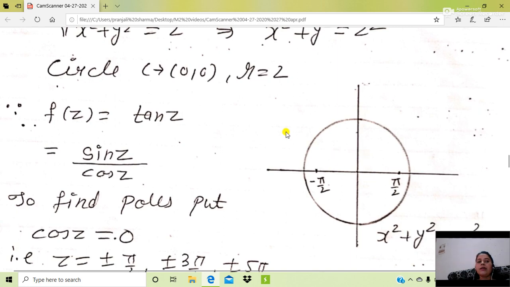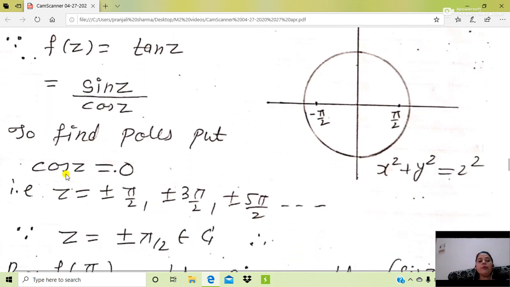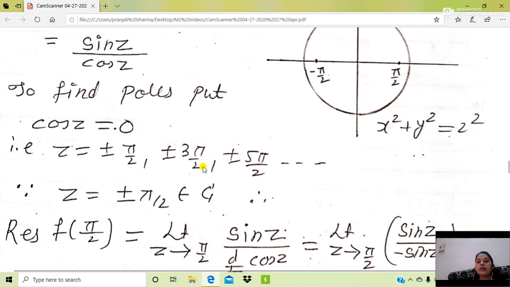Now since our f(z) is equal to tan z, which can be written as sin z by cos z. To find poles, we put denominator is equal to 0. When we put cos z is equal to 0, we have several poles like plus minus pi by 2, plus minus 3 pi by 2, plus minus 5 pi by 2, and so on. Out of which plus pi by 2 and minus pi by 2 are inside the circle.